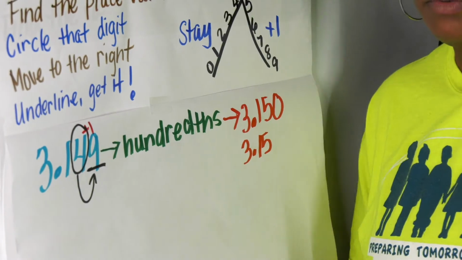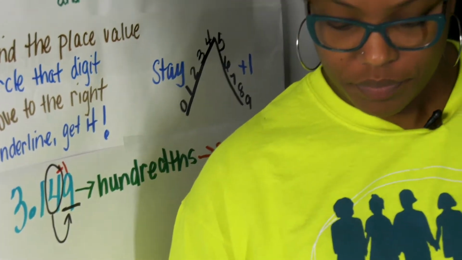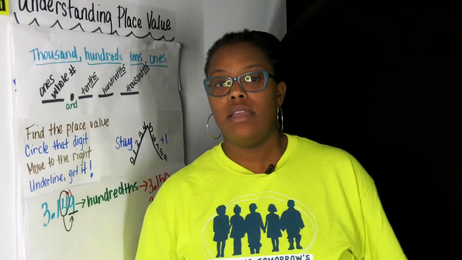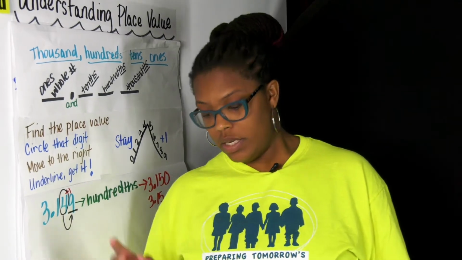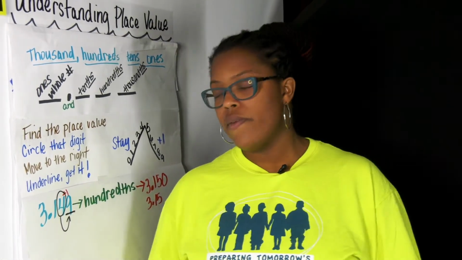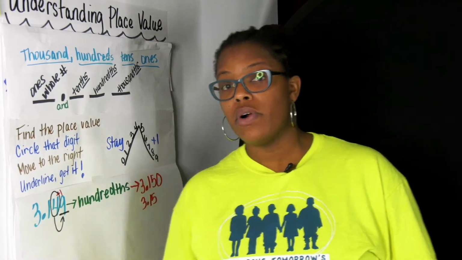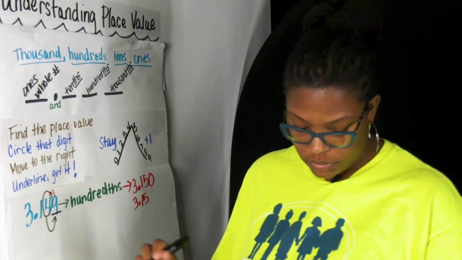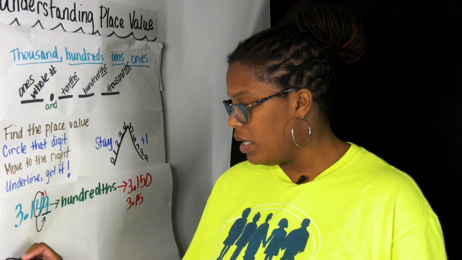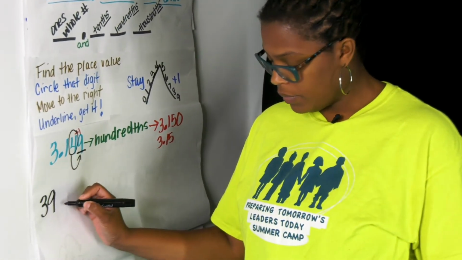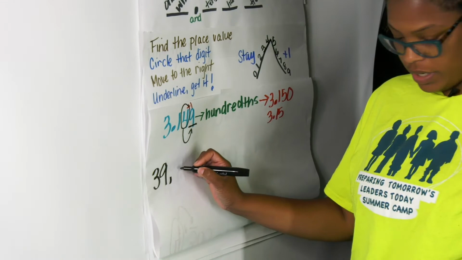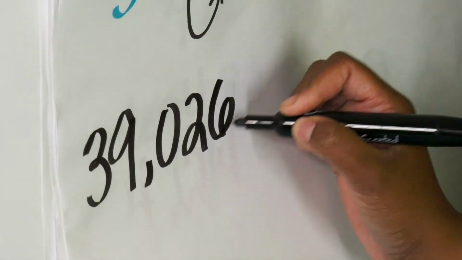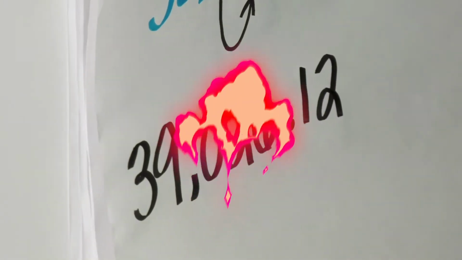Okay, so that's a review of what we learned yesterday. Now we're going to extend our learning, and we're going to find the values of specific digits. And I'm going to model 4 examples for you. You're going to do the 4th one on your own. The first example is, and these numbers are going to be big, but it's okay, 39,026 and 12 hundredths.